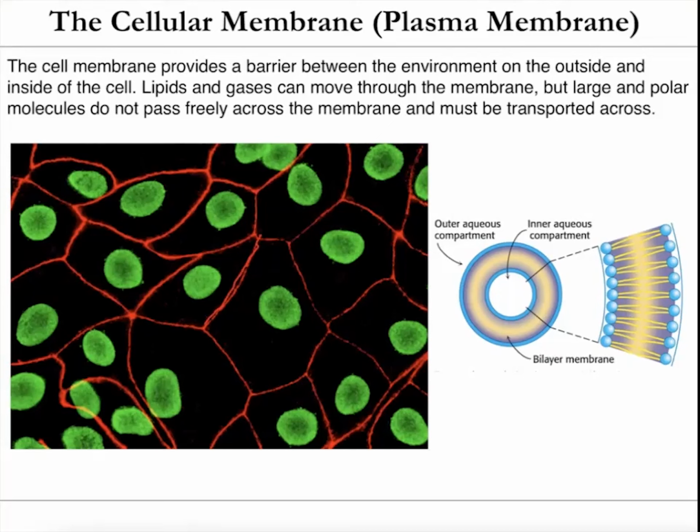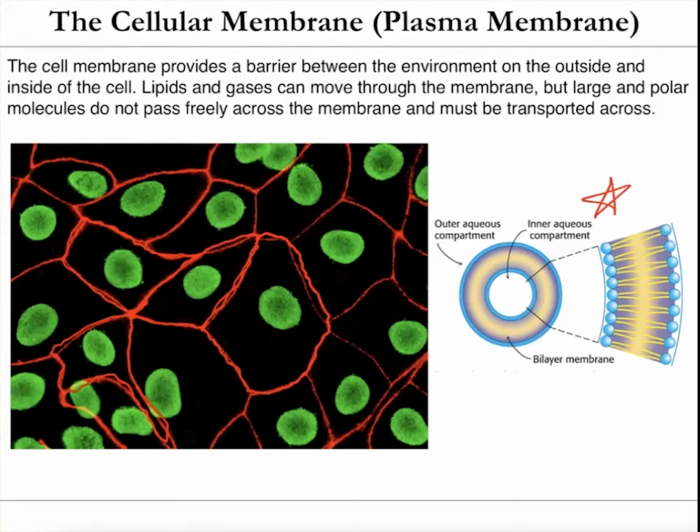You can see here the plasma membrane, or cell membrane, forms a barrier around each of these individual cells. That encloses the internal contents of the cell away from other cells and away from the external environment. We already talked about how lipids spontaneously form vesicles when you put them into water.